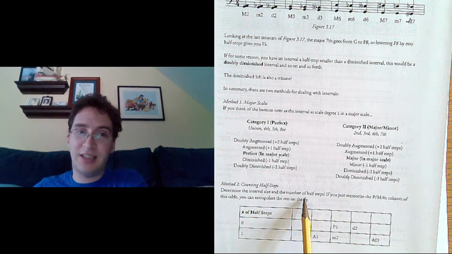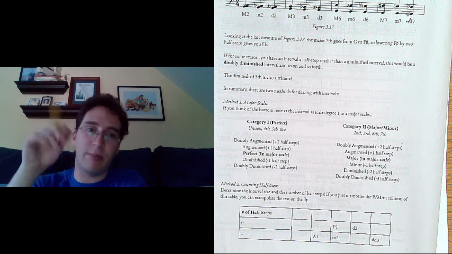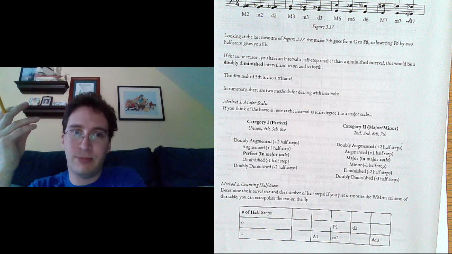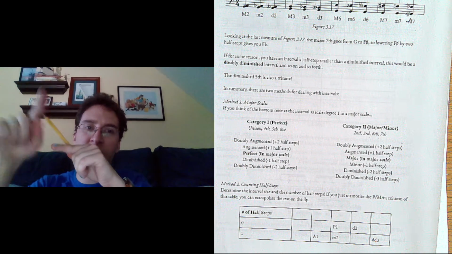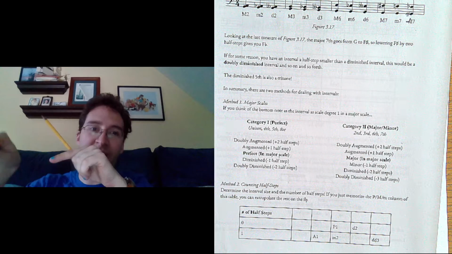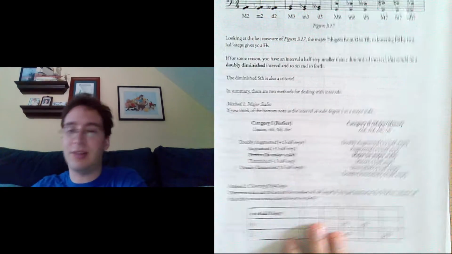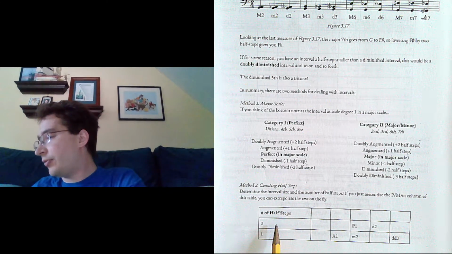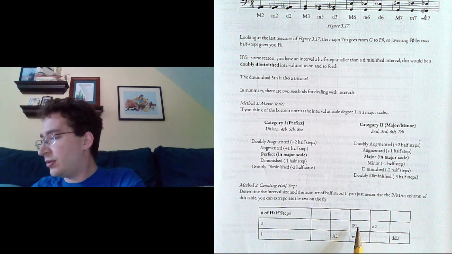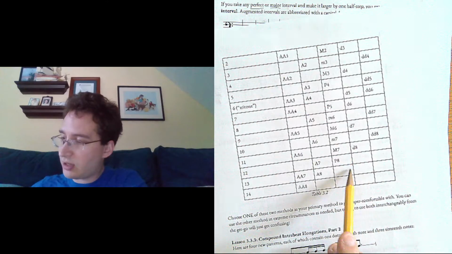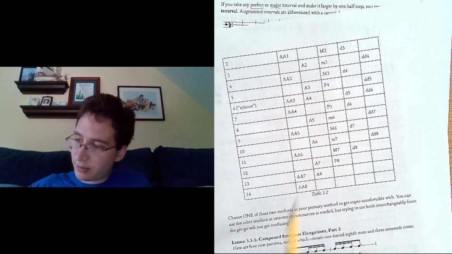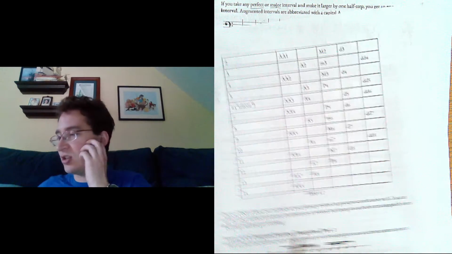This is great if you have a piano keyboard around, or very clearly and correctly memorized, so you can just kind of go like, okay, so that's 5 half steps, and knowing that sort of thing. So I've laid out in the center column, perfect, major, minor intervals, augmented, doubly augmented, diminished, doubly diminished.